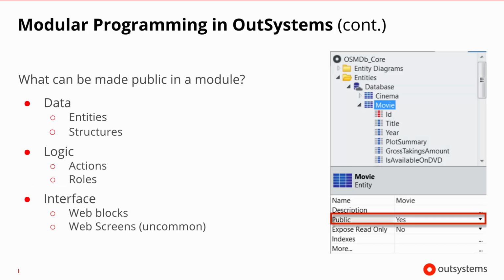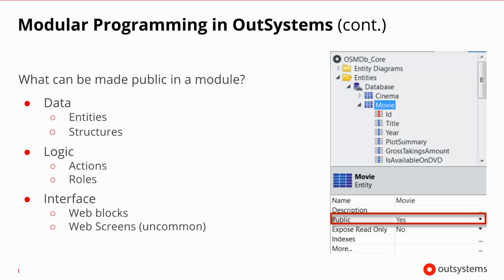So, of all the things that an OutSystems module can have, what are the elements that can be made public? Well, on the data side of things, you can make entities and structures public. Entities in particular are a very common pattern to use and to make public. On the logic side of things, you can have actions and roles. And again, if you're building a library, it's very common that you will make actions public.